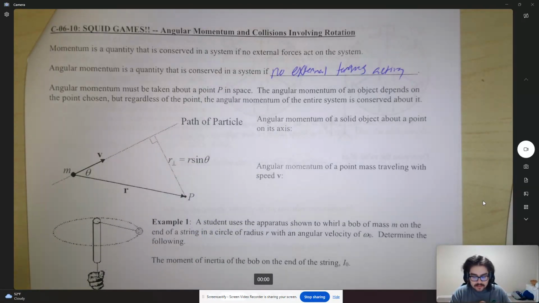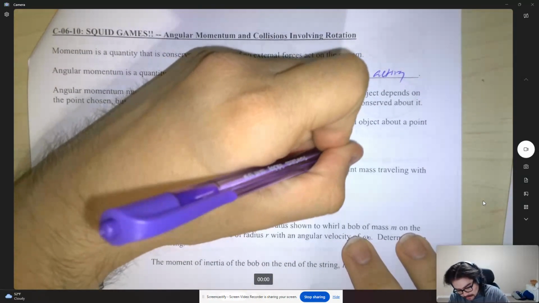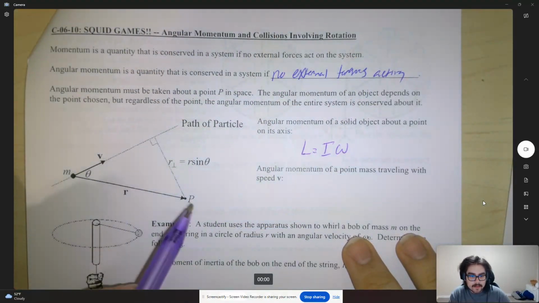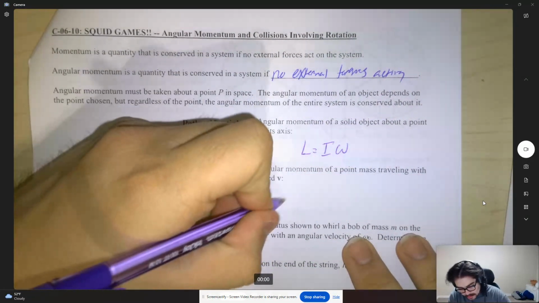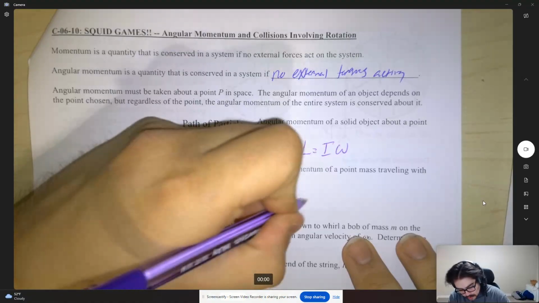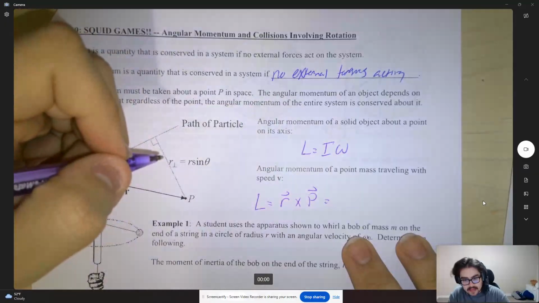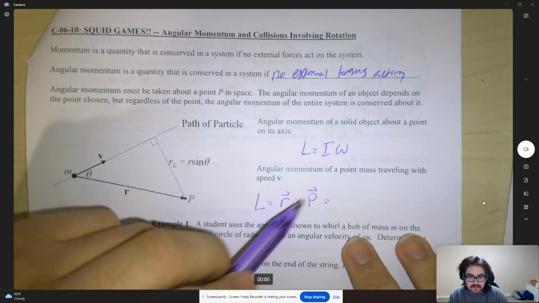If you have a solid object that is going to rotate about its axis, angular momentum is simply L equals I omega. However, if it's a point mass traveling with speed v about some point P, then the angular momentum is simply equal to r cross p, where p is linear momentum.